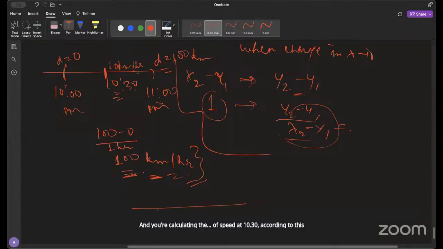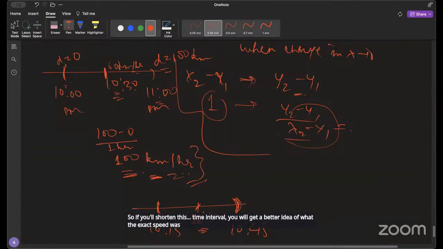So if you shorten this interval, let's just say if I take 10:15 to 10:45, and here we have 10:30, you get a better idea, isn't it? So if you shorten this time interval, you will get a better idea of what the exact speed was at 10:30 as compared to this one.